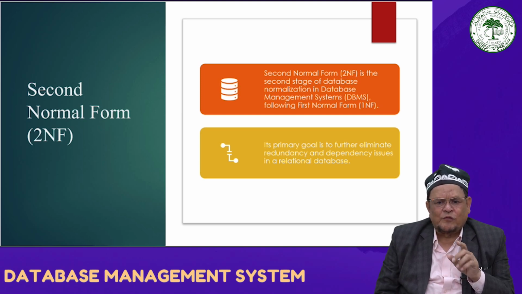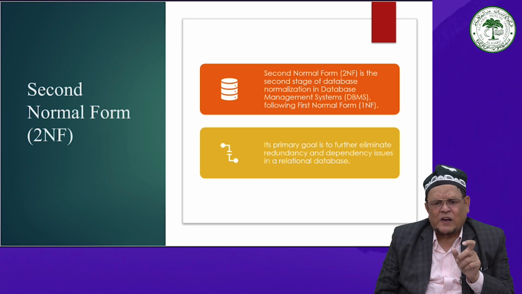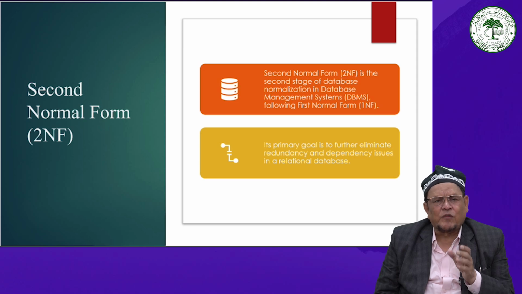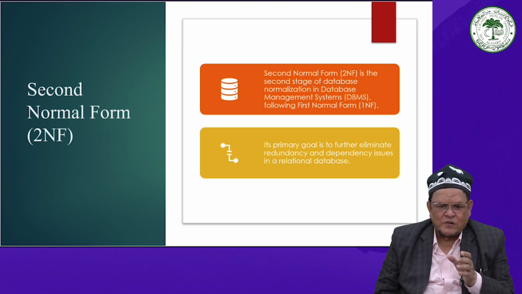Then you have to decompose into multiple tables, with each table representing a separate entity or relationship. This decomposition ensures that each table contains only attributes that are fully functionally dependent on the primary key, thereby reducing the redundancy and improving the data integrity.